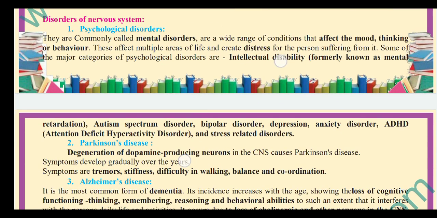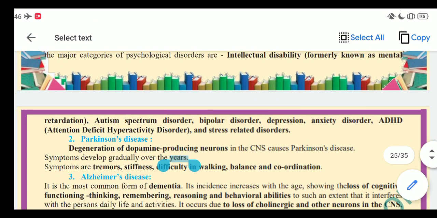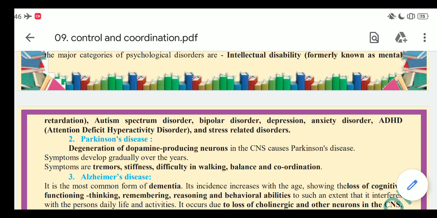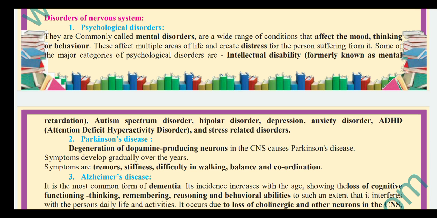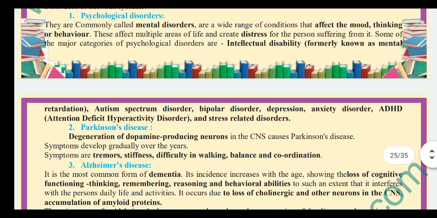Disorders of the nervous system. First, psychological disorders, commonly called mental disorders. These are a wide range of conditions that affect mood, thinking, or behavior, and they affect multiple areas of life and create distress for the person suffering from them.